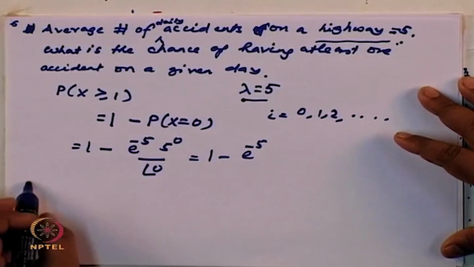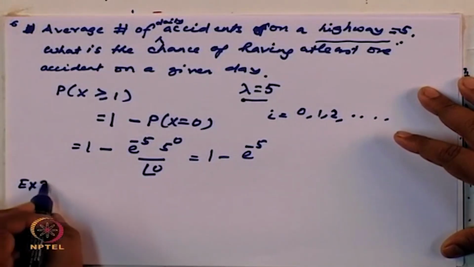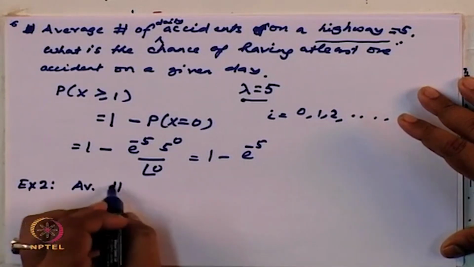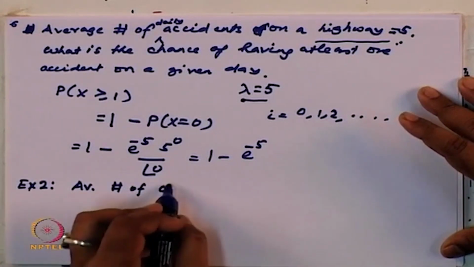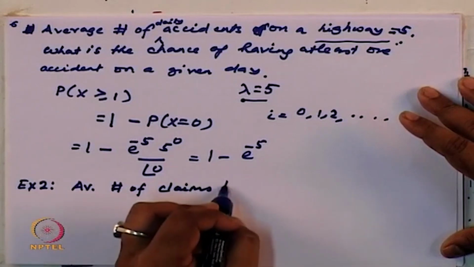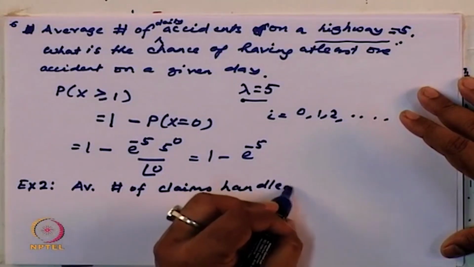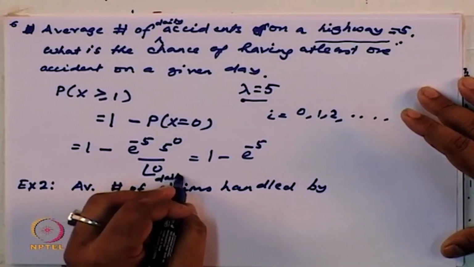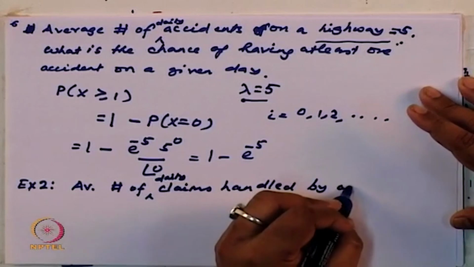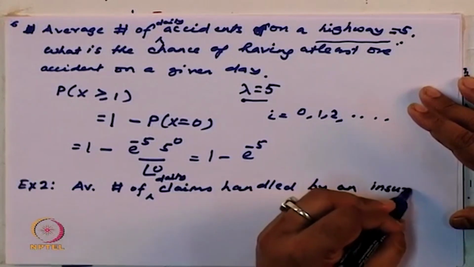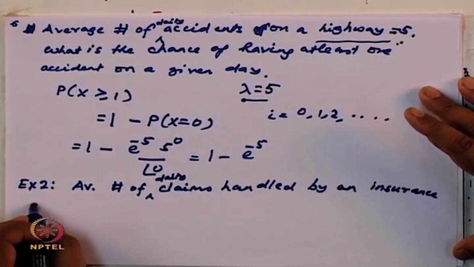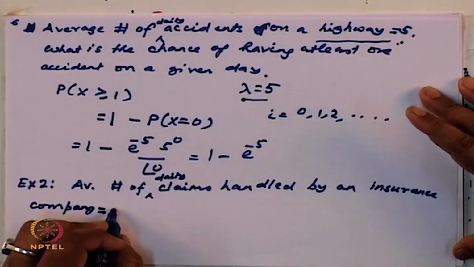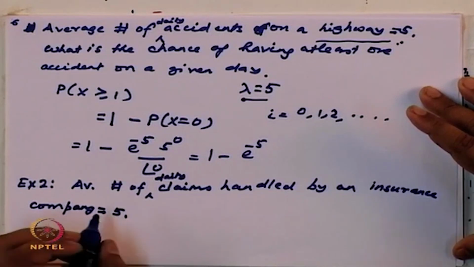Okay. Let us take another example. Example 2. So let us say the average number of daily claims handled by an insurance company is equal to 5.